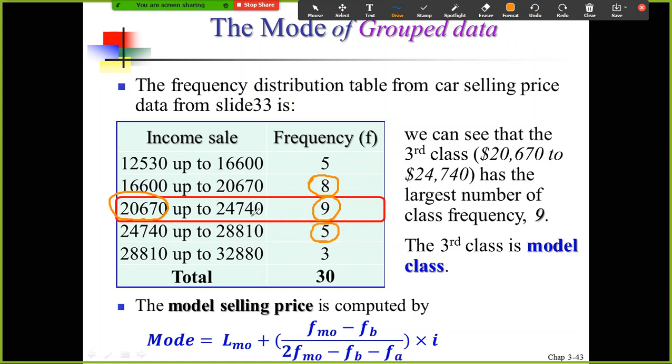How about I? Yes, you can find I. So when you know the modal class, you can find L mode, F mode, FB, and FA: A after, B before. I use this one to make it easy to remember. A after, B before. Okay. This number, this is I. These numbers we will use for our formula.